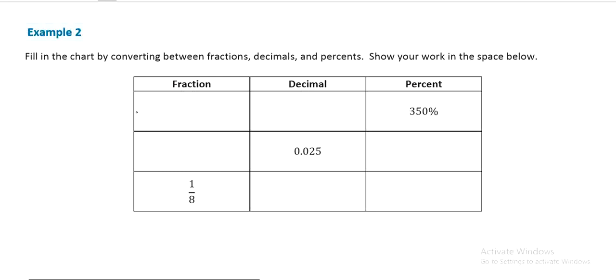I'm going to always do the fraction form first because that kind of sets everything up and I think it's the easiest. I know that when I turn a percent into a fraction, it's whatever the percent is over 100. 100 is always the denominator.